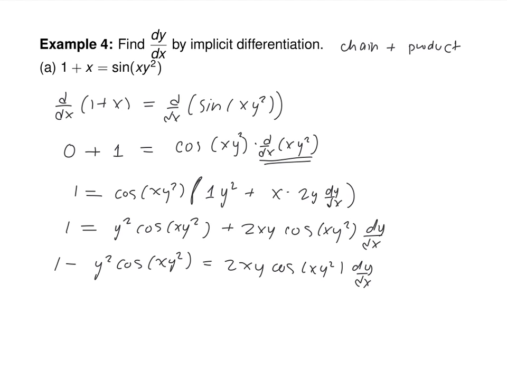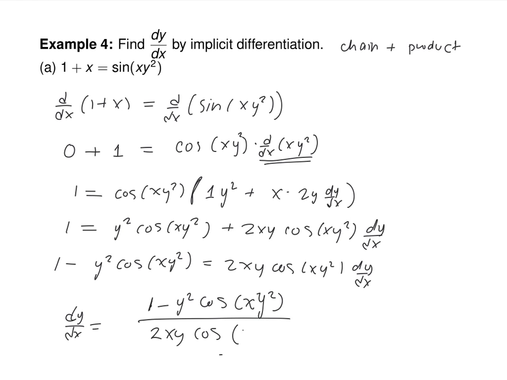And then you can say dy dx equals, what's going to be your numerator? 1 minus y squared cosine stuff. Cosine stuff, yep. All over 2xy cosine stuff. Exactly.